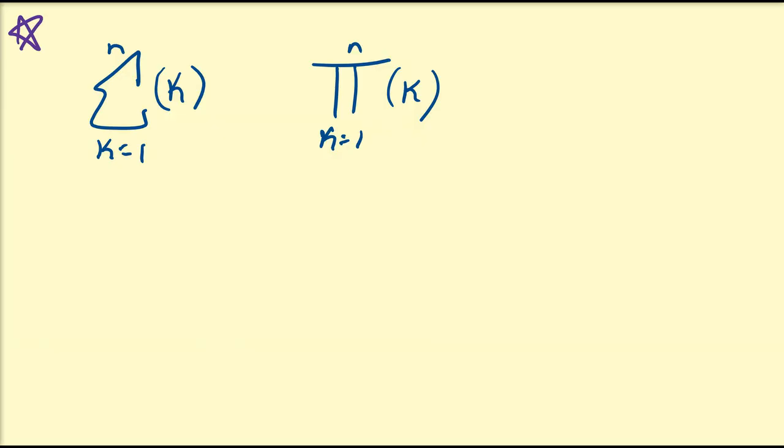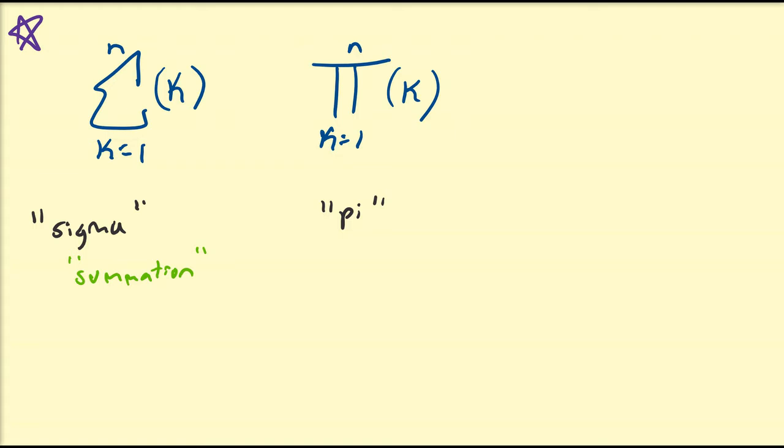Alright, so this first representation, this little E looking thing, is often referred to as sigma notation, and this capital pi is often called pi notation. Sigma notation is often referred to actually by what it represents, and that's summation notation.